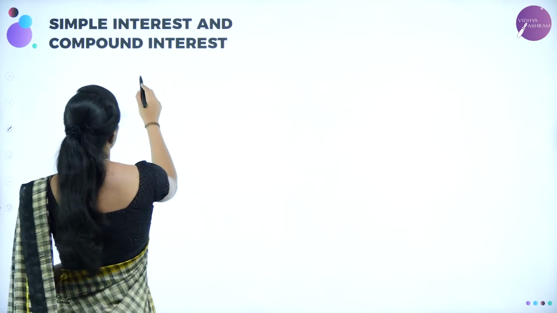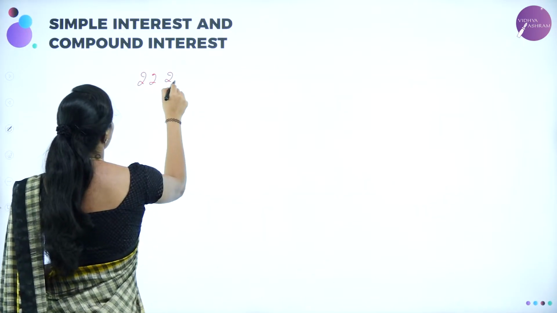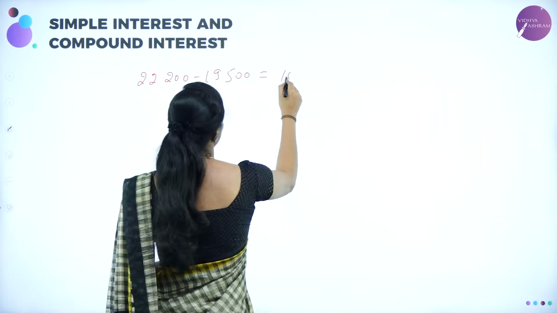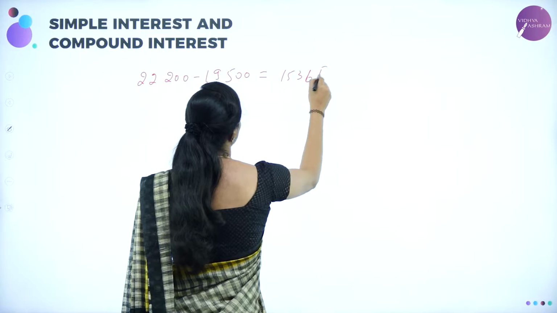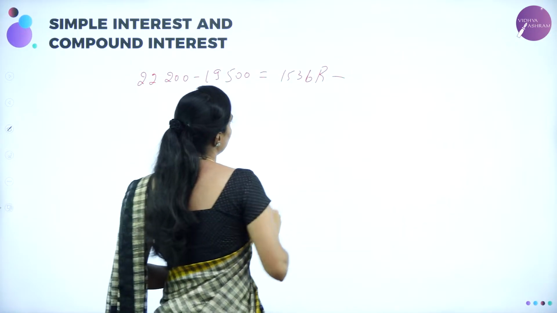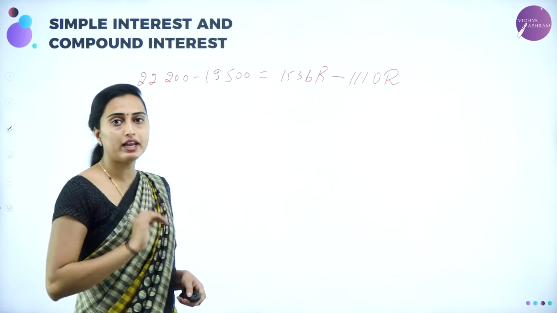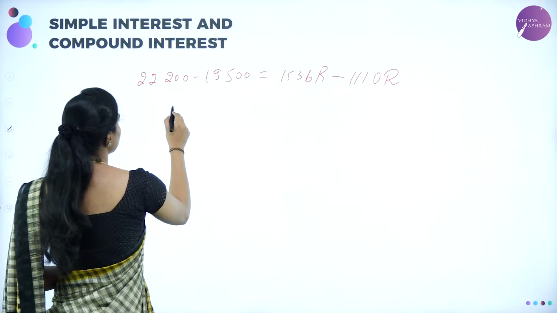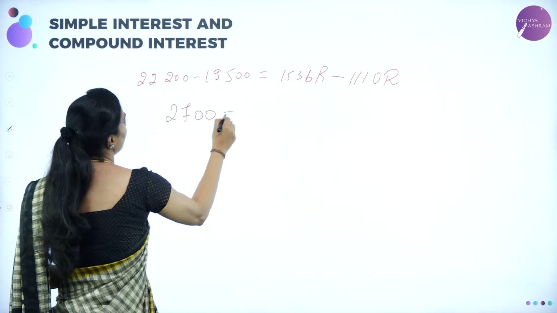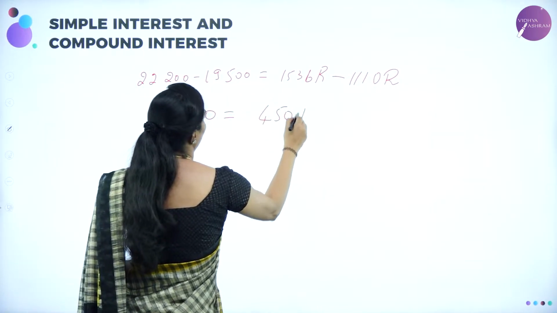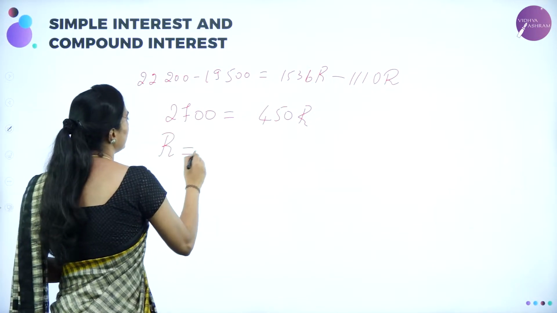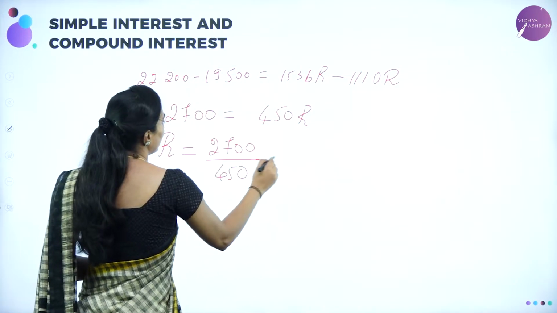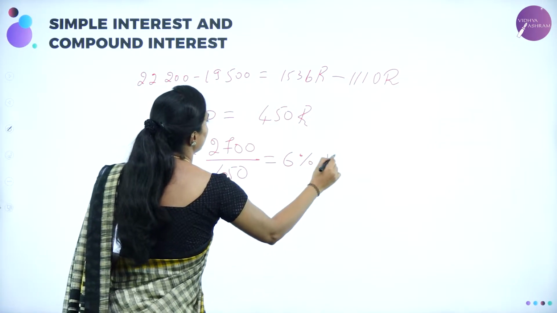What you are going to get: 22,200 minus 19,500 is equal to 1560R minus 1110R. Subtracting this, you are going to get 2700 equal to 450R, otherwise R is equal to 2700 divided by 450, which is equal to 6% per annum.